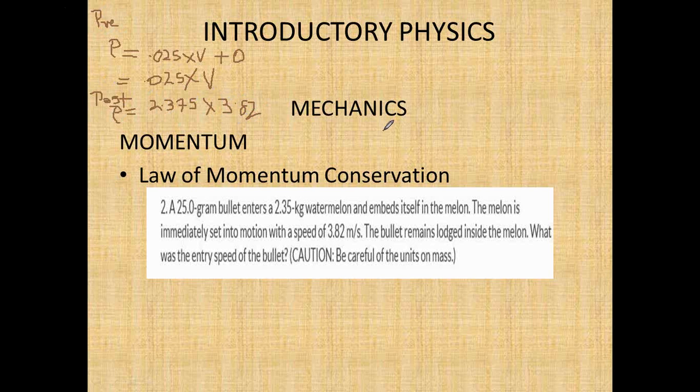Remember, the momentum is conserved, so the pre-collision momentum is equal to the post-collision momentum. So what we can say is 0.025 times v is equal to 2.375 times 3.82.